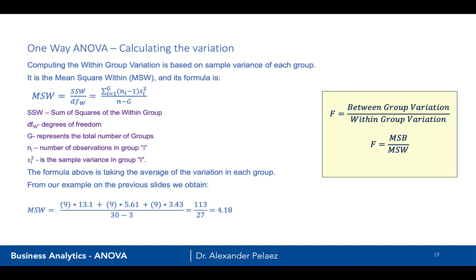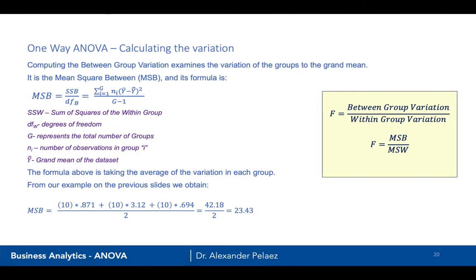Down below, we've worked this out to have 9 times 13.1, because 13.1 was the variance of the first group, 5.61 the variance of the second group, and 3.43 the variance of the third group. When we add these all together, we end up with 113. We divide by the denominator, n minus g, which is 30 observations minus 3 groups, and we end up with 4.18.